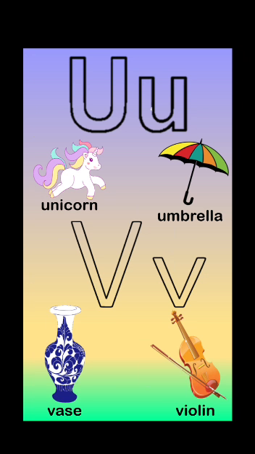Now the next letter is letter V. And what is the sound of letter V? Vibrate your mouth. V for vase. V for violin.